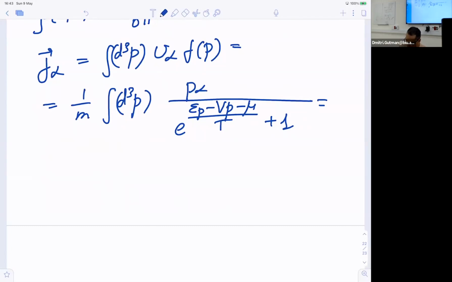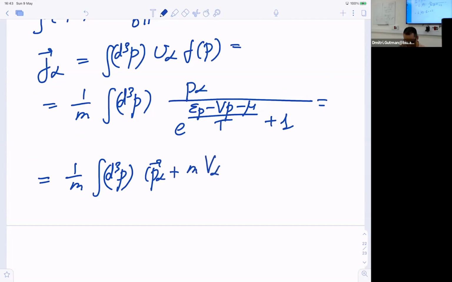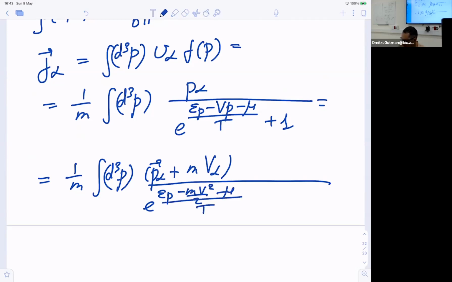This is equal to 1 over m integral d3p, p alpha plus m v alpha, times e in the power epsilon p minus m v square over 2 minus nu divided by temperature plus 1.